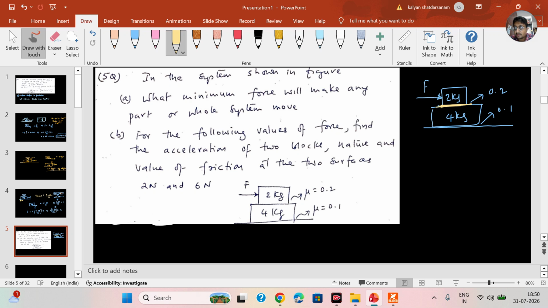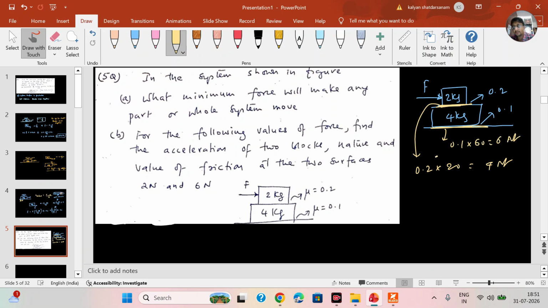The bond breaking force is the limiting friction there. If I calculate that, limiting friction, mu N, 0.2 into N there is 20. So 4 Newton is required to break bonds here. On the other hand, if you consider it as a single block, what force is required to break bond here? There is mu 0.1 into N, which is 60, or 6 Newton.